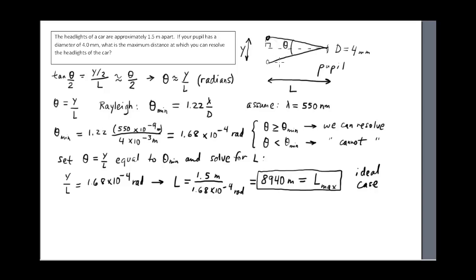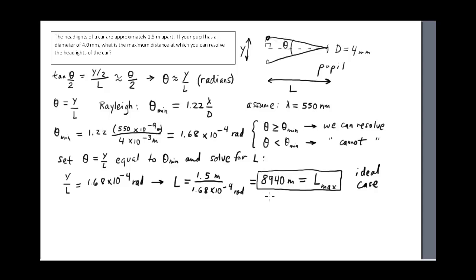And the atmosphere is made up of lots of molecules of oxygen and nitrogen, and perhaps a little bit of smoke and haze of different kinds, water droplets, and so there's lots of light scattering that happens on the way from the sources to your pupil, and that further diminishes your ability to resolve these things.